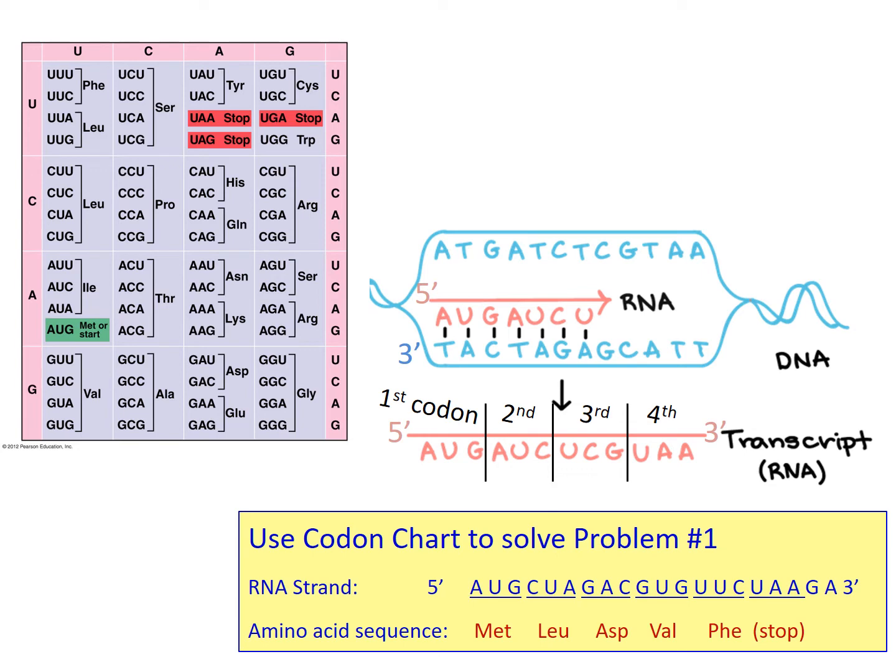Ta-da! I continued my amino acid sequence until I came to UAA, because UAA is a stop codon. So to highlight that, I just put stop in parentheses, but this isn't an amino acid. This just signifies that translation ends here.